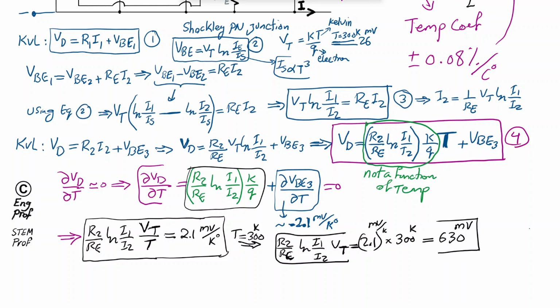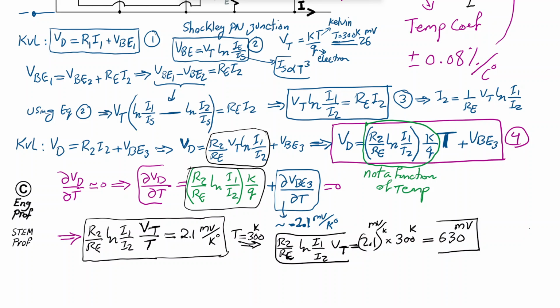That's interesting. So what we found is exactly this component, right? This component in the VD equation. And that is what I needed. So I'm going to go back to equation 4, and I'm going to substitute for this whole thing as 630 millivolt.